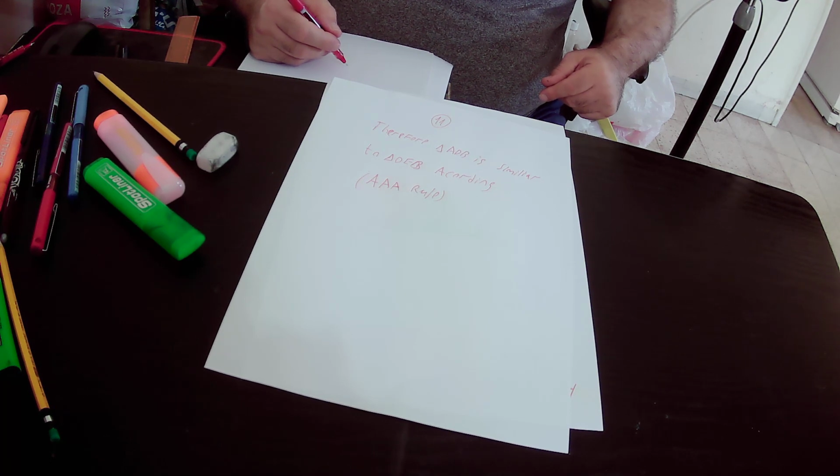If you prove that one triangle has three angles that are equal to the other triangle's, then those two triangles are similar to each other according to the angle rule.